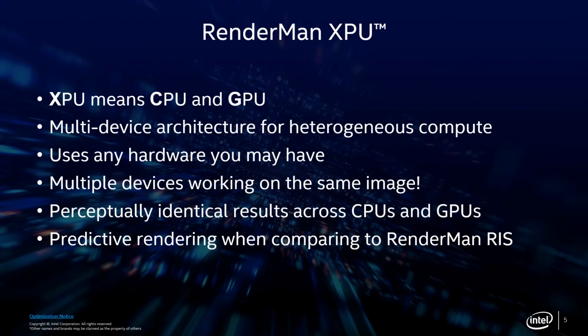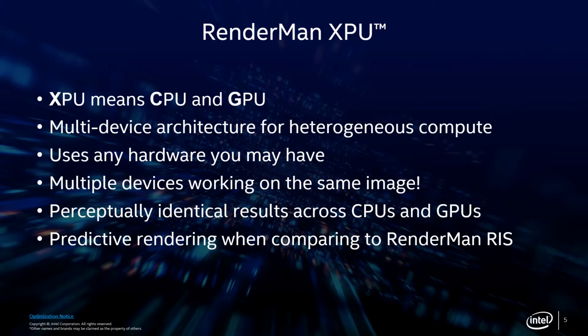What does XPU mean? XPU is our abstract term to identify a generic compute device that we can leverage in a heterogeneous compute architecture. Any compatible device, and here including CPUs as a device, is capable of producing a given picture, and multiple devices of different types can cooperate to speed up the process.